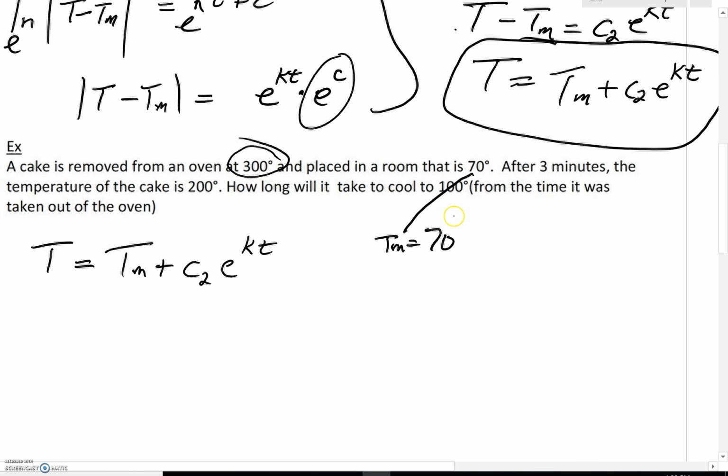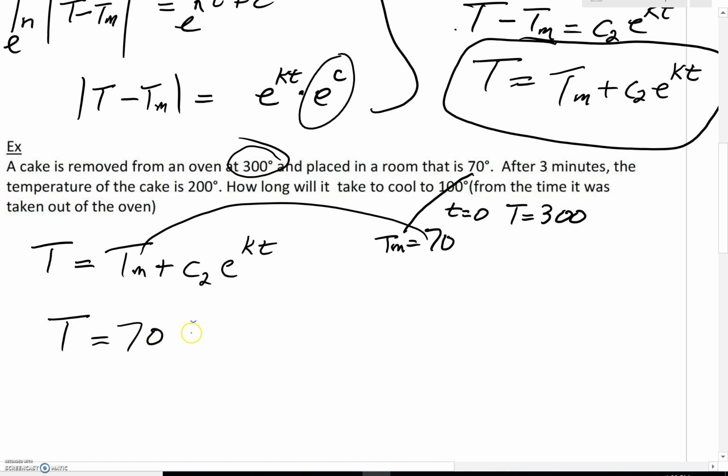And furthermore, I could say when t equals 0, the temperature is 300. That type of stuff is very important because, remember, we're on the lookout to try to find some constants. And as we're trying to do that, we're going to very quickly make some adjustments. If I know that the room temperature is 70 degrees Fahrenheit, we're going to have this right here.